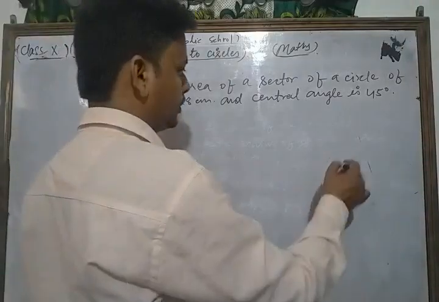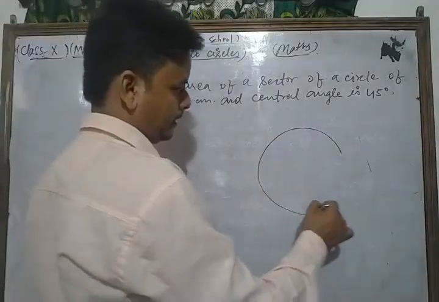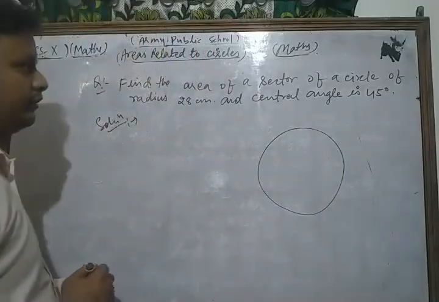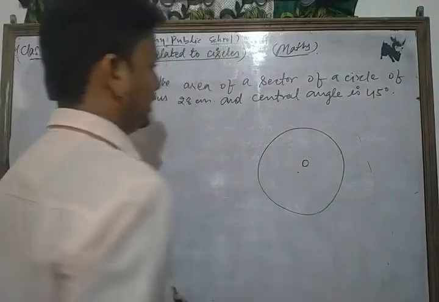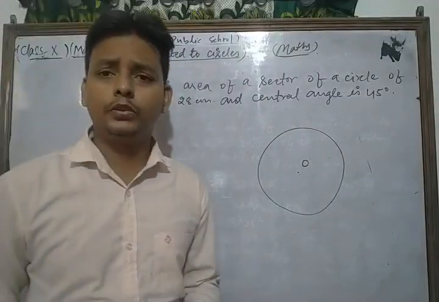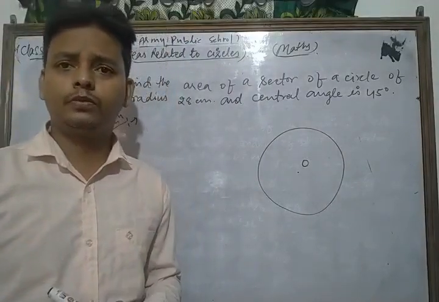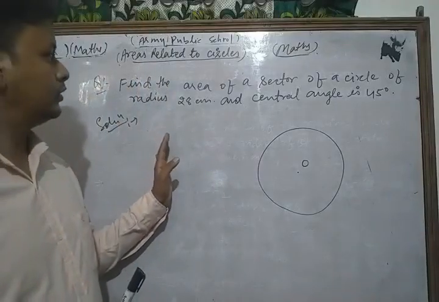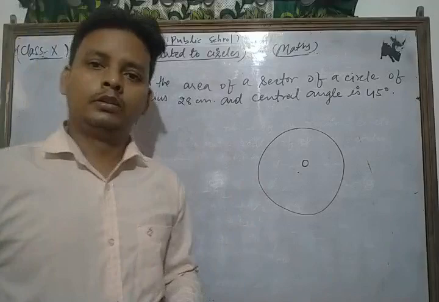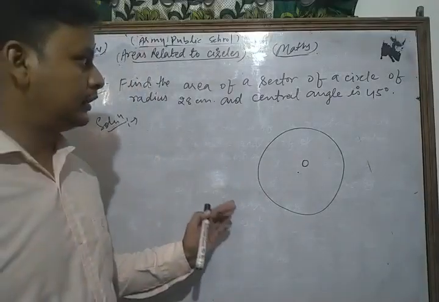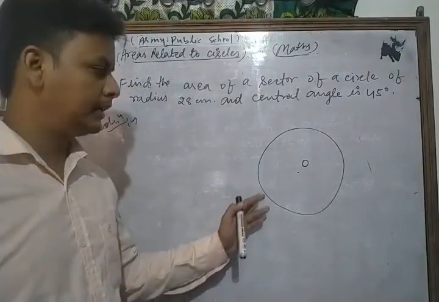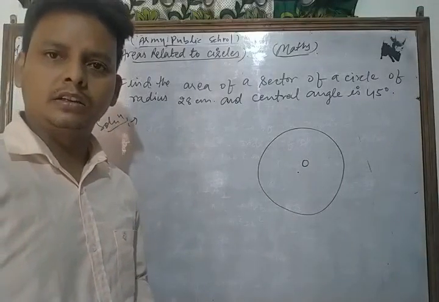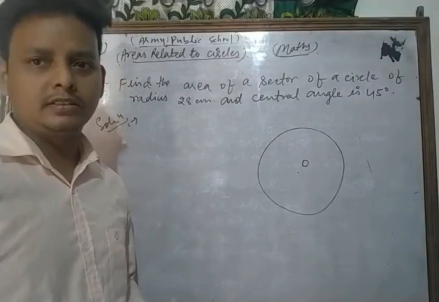Look, first of all, this is your circle, and we draw a circle with center O. And I just discuss the concept of sector. The region bounded by an arc and the radii of the circle is called what?